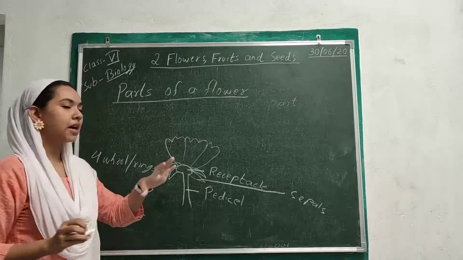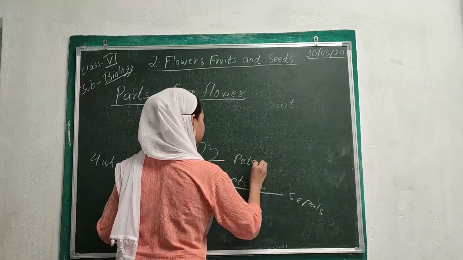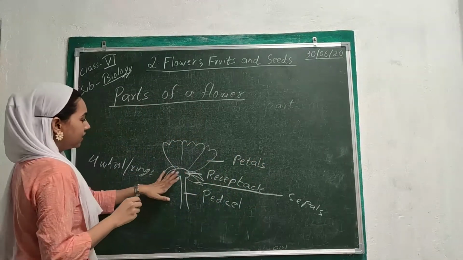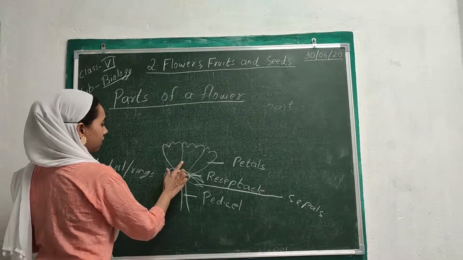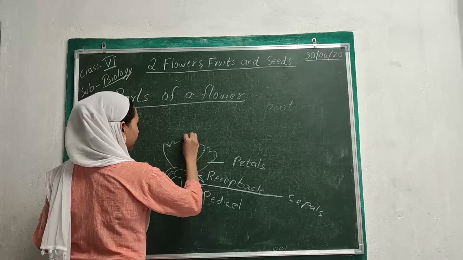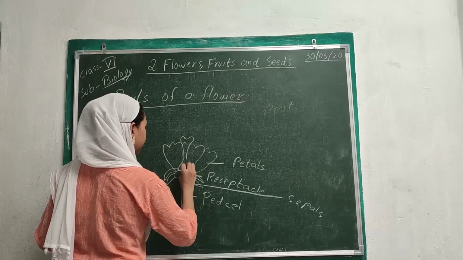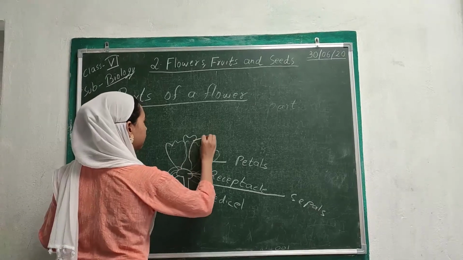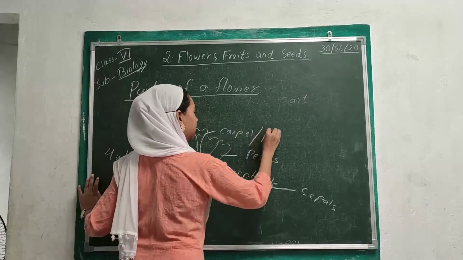The colorful part that you see of a flower, these are known as the petals. Then inside the petals, there are 2 more things. In the middle, you will find a structure like this. This is known as the carpel or the pistil.